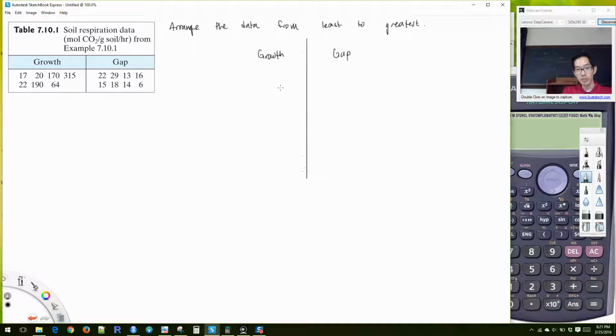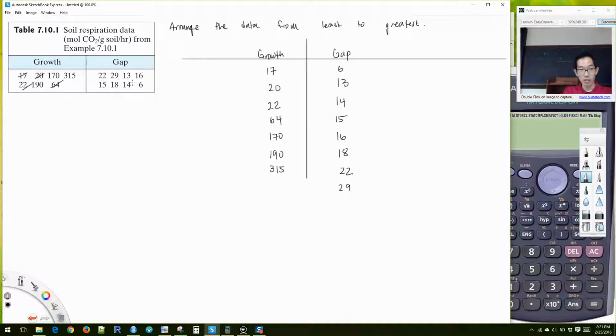All we're going to do is go from least to greatest. So for growth, it's 17, 20, 22, 64, 170, 190, 315. Same thing for the other side: 6, 13, 14, 15, 16, 18, 22, 29.